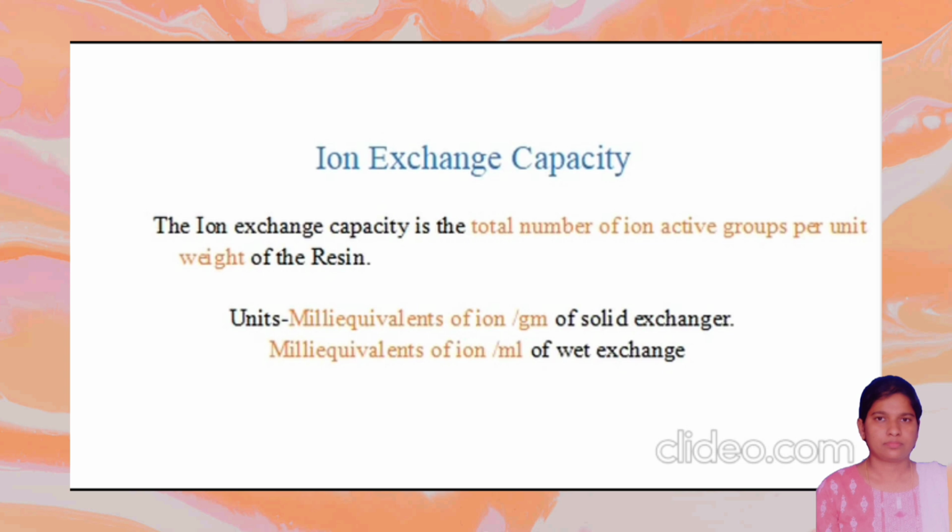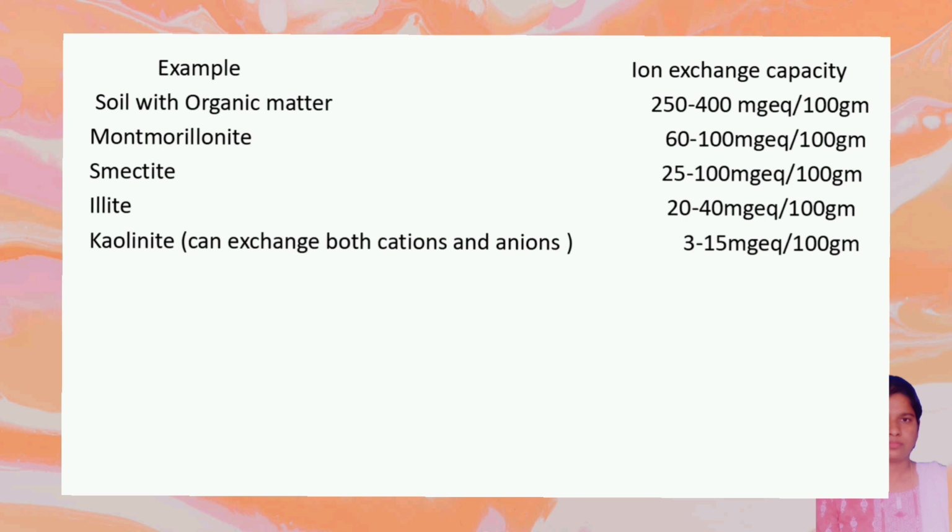For example, soils with organic matter has cation exchange capacity of 250 to 400 milligram equivalents per 100 grams of the soil. Montmorillonite has ion exchange capacity of 60 to 100 milliequivalents per 100 grams. Illite 20 to 40, smectite 25 to 100, kaolinite 3 to 50 milligram equivalents per 100 grams of the soil.